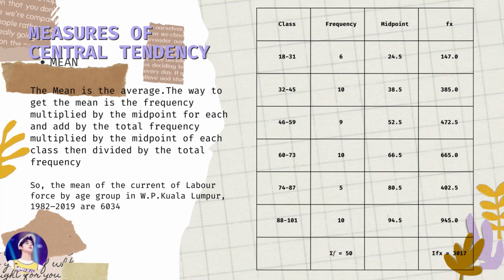So the mean of the labor force by each group in Wilayah Persekutuan Kuala Lumpur from 1982 until 2019 is 6024.